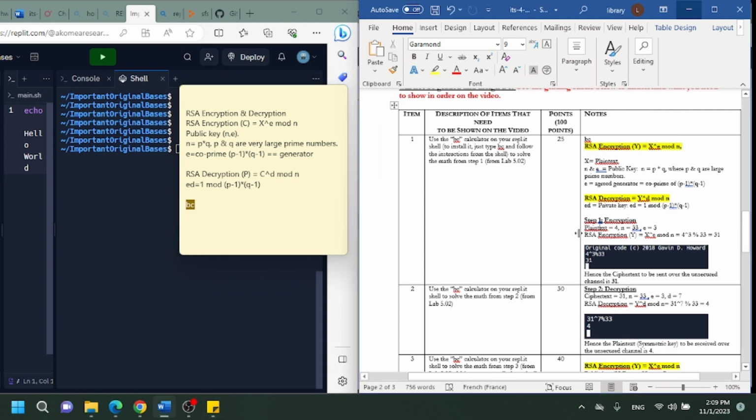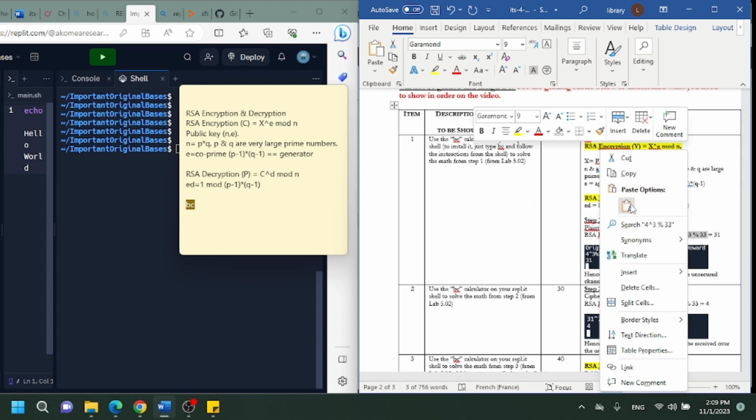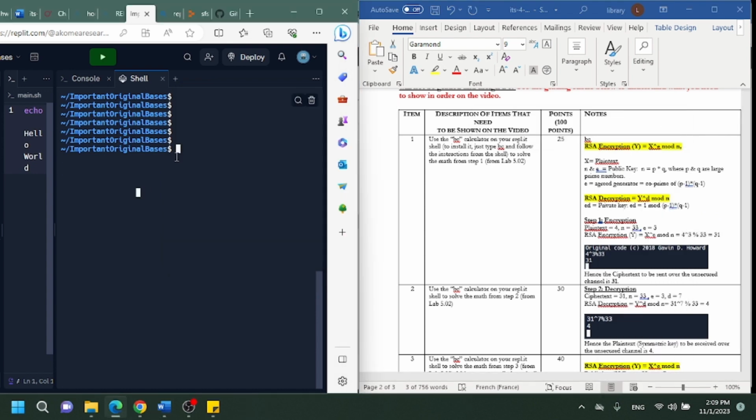In the first example, we are given that the plain text is 4, N is 33 and E is 3. That means that 33 and 3 are the public numbers, which are basically shared. To compute the ciphertext, we will take 4 exponent 3 modulus 33, and put that in here.